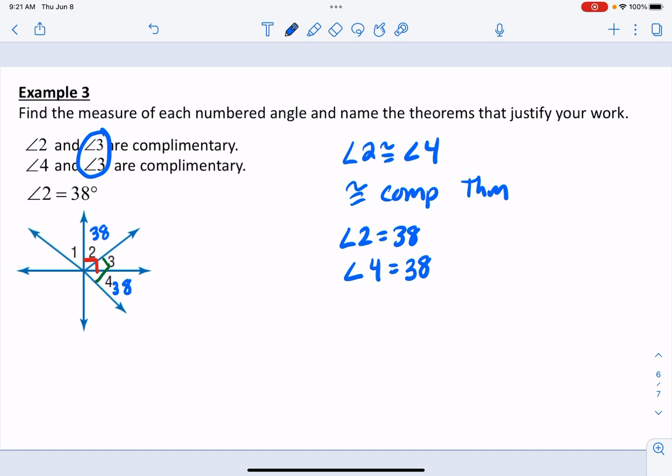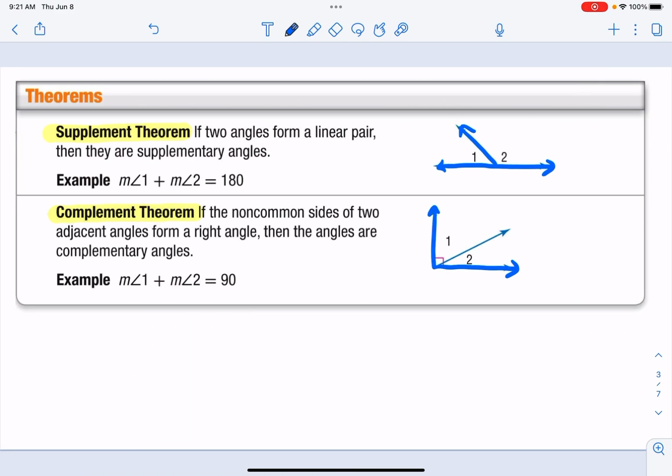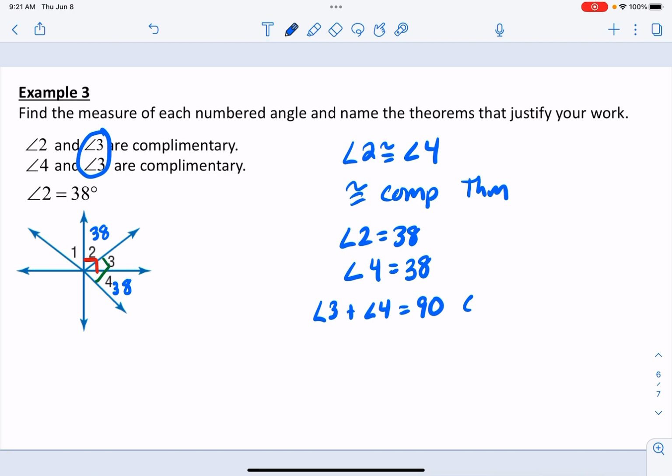Okay. And then re-looking at this diagram a little bit. Angle 3 plus angle 4 equals 90 degrees. What's our reason for that? Well, I'm going to flip back. That's our complements theorem.